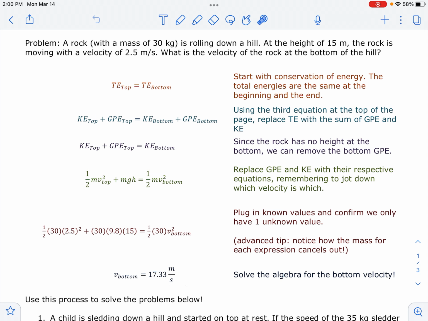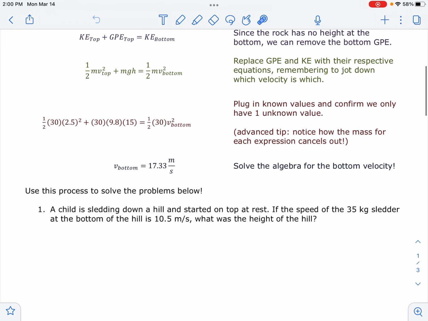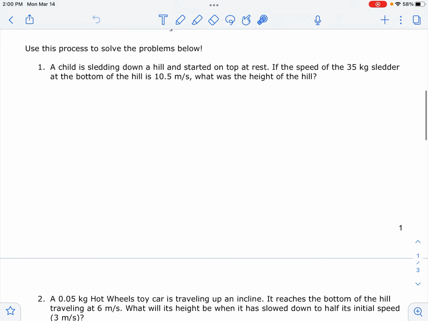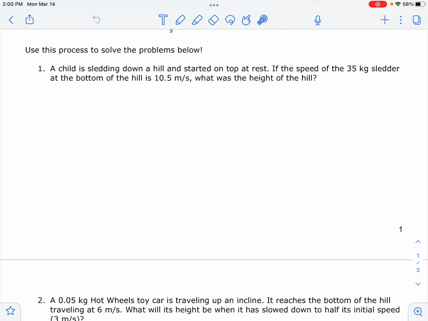So let's go ahead and try this method for this first problem here. A child is sledding down a hill and they start at the top at rest. We've been given the mass of the sledder and the velocity, and we want to know the height of the hill. So we're going to solve it all in one fell swoop.